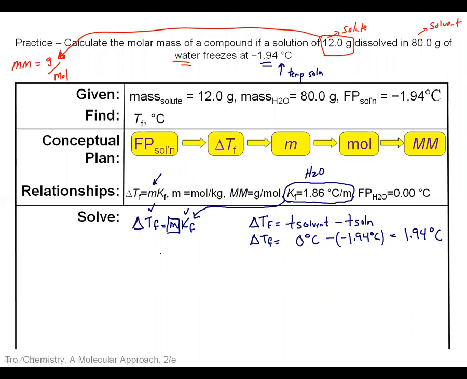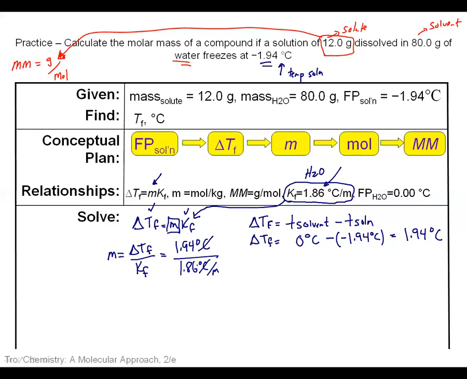And again, here, this is why it's important that we got it to a positive number divided by our constant, which we would find on the table. The degrees Celsius will cancel, and that's going to leave us with molality. And that's going to be 1.94 divided by 1.86.